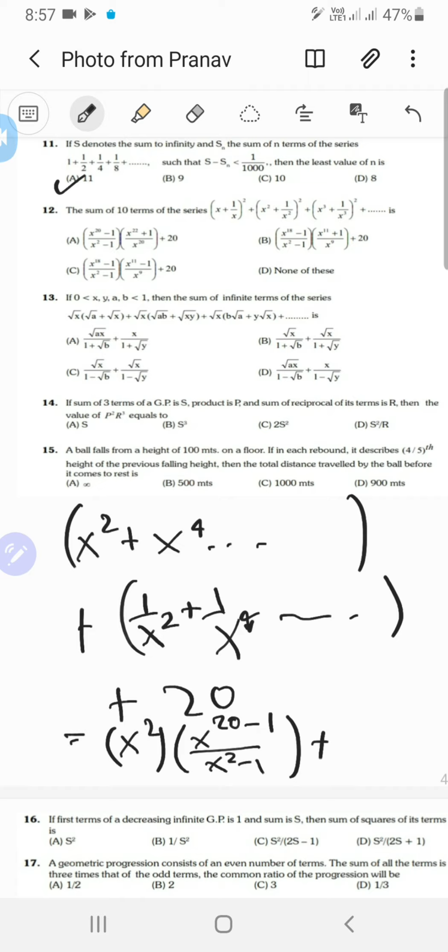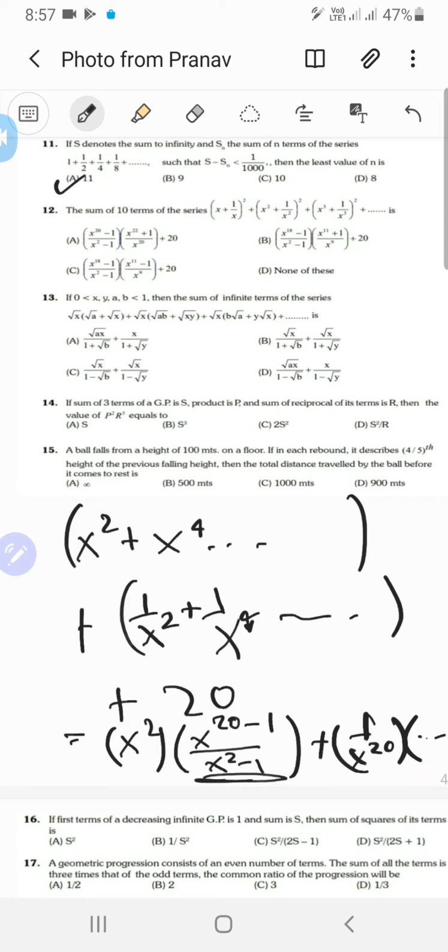That would be times 1 over x raised to 18, and that times 1 over x squared will be 1 over x raised to 20, times all this stuff.